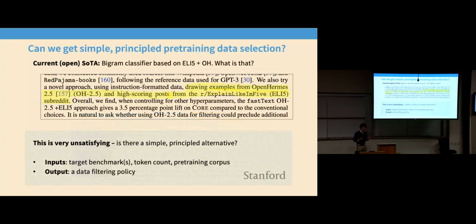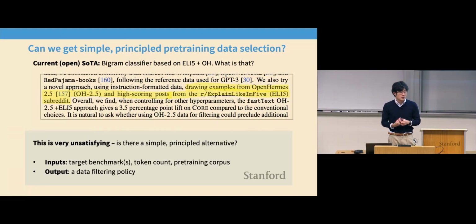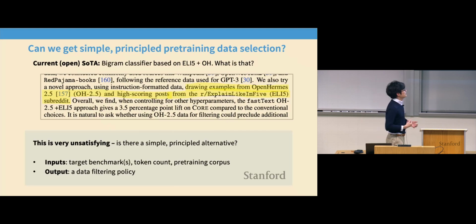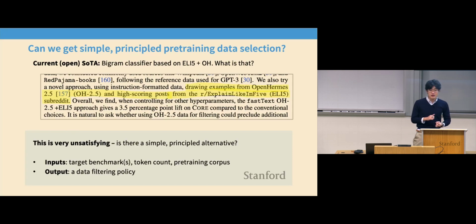So you take a look at this and you're like, all right, there's a highly effective data pipeline. I would like to understand what the state of the art is. And if you look at the state of the art, in some ways it is deeply disappointing, because the best performing algorithmic data filtering pipeline right now is a bigram classifier that attempts to distinguish random websites on the internet from Reddit's Explain Like I'm 5 subreddit and an instruction tuning data set called Open Hermes.